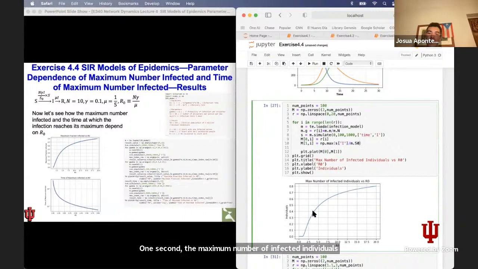So for example, here, 0.5 means that at the highest point of the epidemic, half of the population would be infected at the same time, which is an awful number. Imagine half of the US population being infected with COVID at the same time. That would be catastrophic.